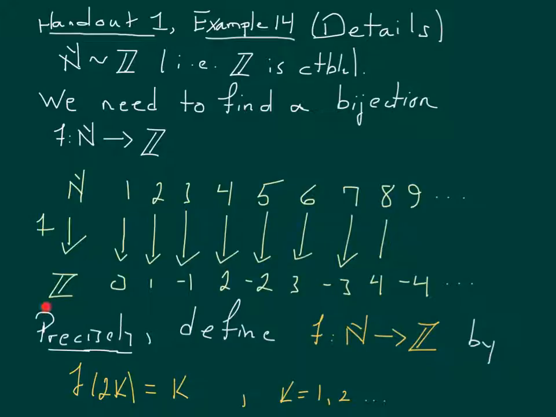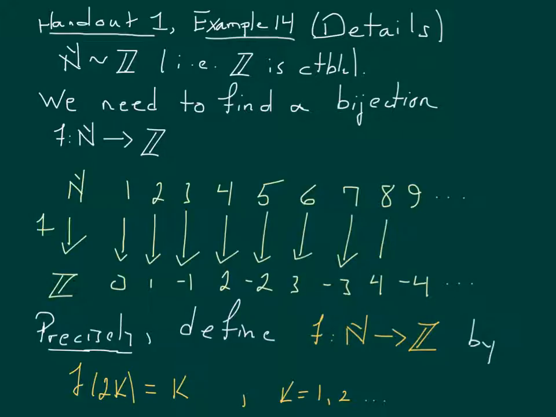You want to be able to list all the elements in that set as an infinite list in such a way that no terms in that list are repeated, and in such a way that all the elements in the set actually show up eventually on that list.